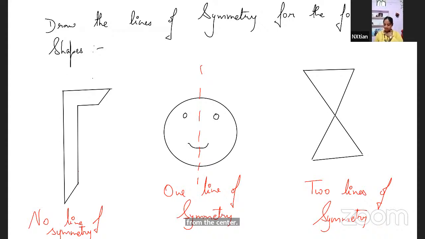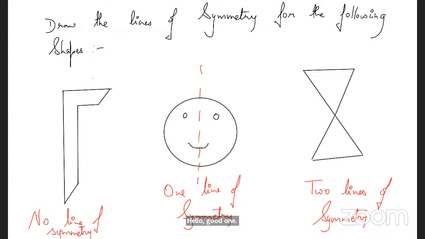And the third one, both the lines will pass vertically and horizontally.